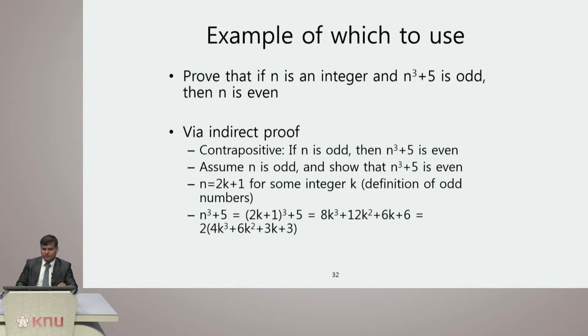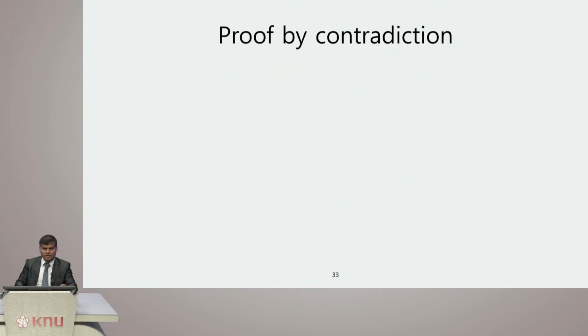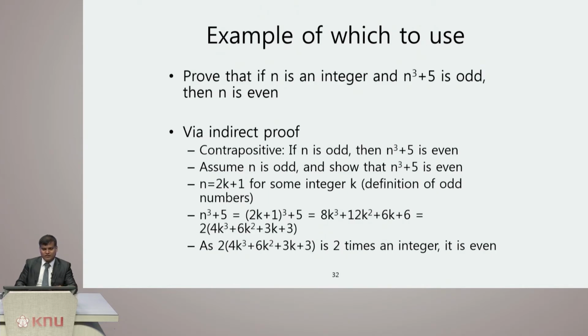That again equals, if you take 2 outside, 2 times 4k cube plus 6k square plus 3k plus 3. In fact, 2 times any integer is an even integer. In other words, we have thus proved it. It has been proved that by means of indirect proof we can actually prove this whole statement.